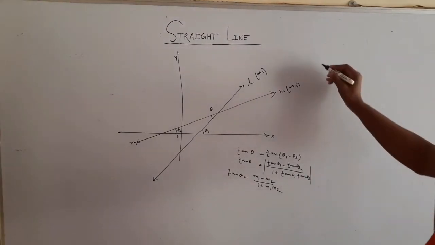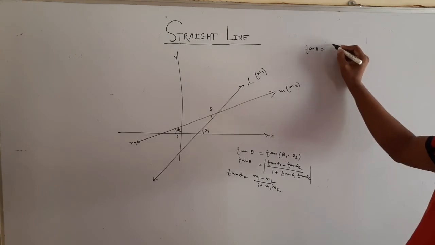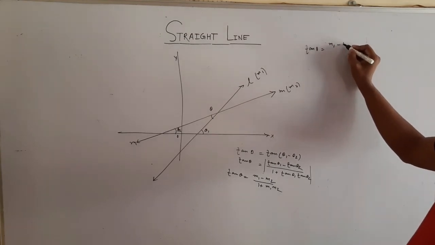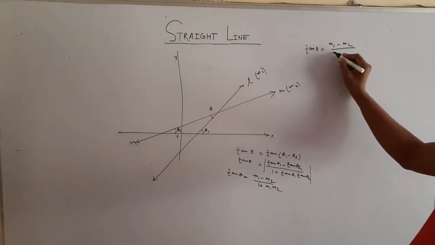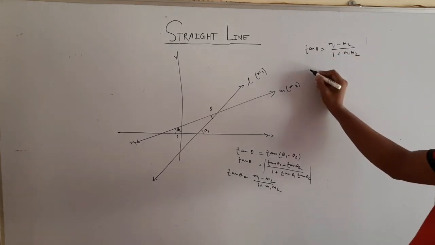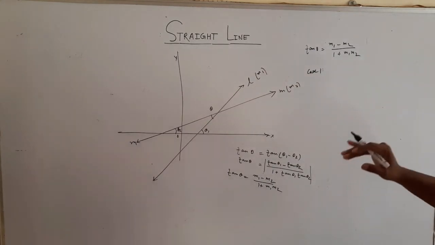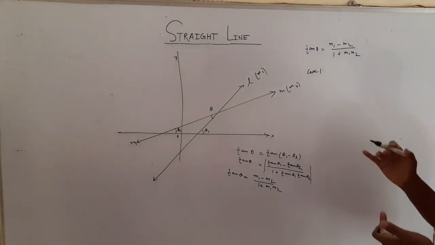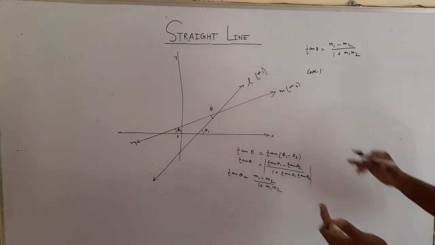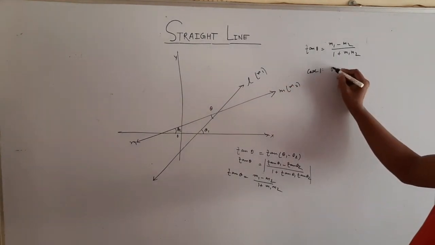So now you see the angle between the two lines is given by the formula tan theta is M1 minus M2 over 1 plus M1 M2. Now here we'll discuss some cases. Case 1: if the lines are parallel, like if L is parallel to M, in that condition theta will become 0.